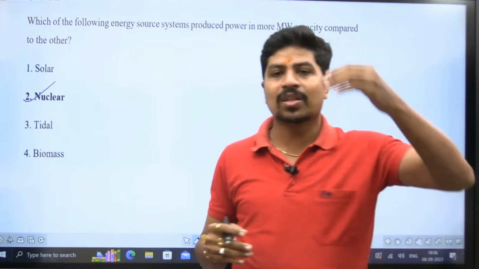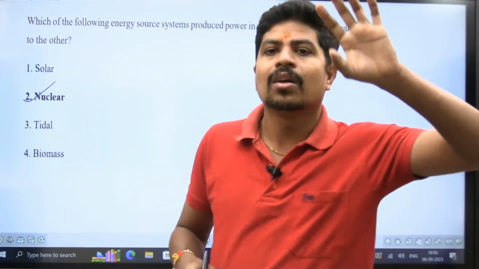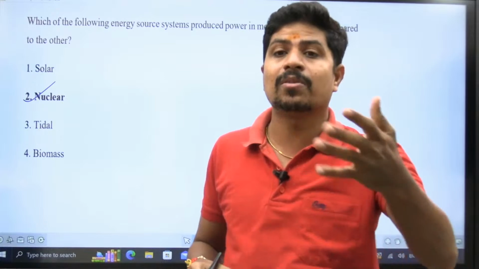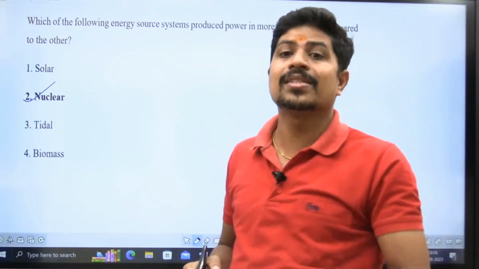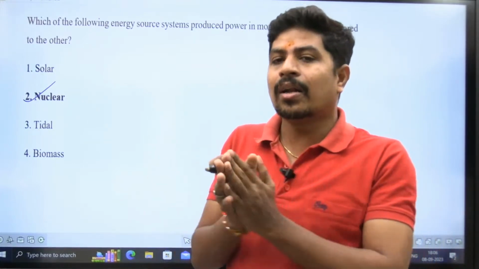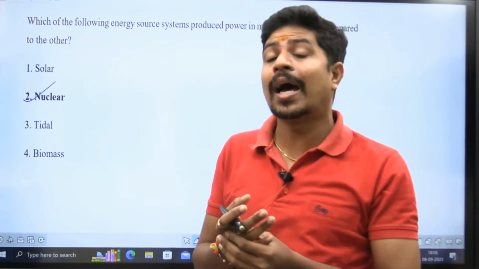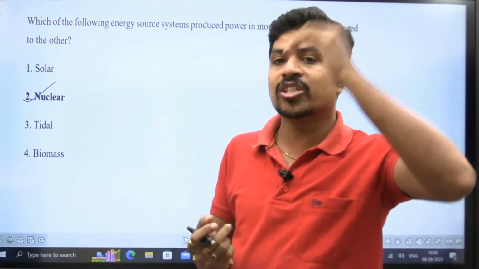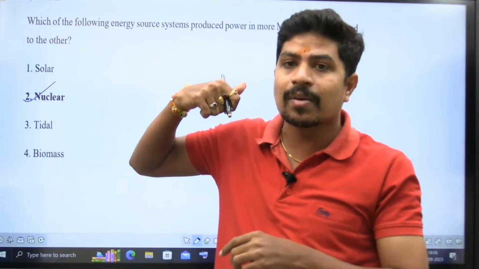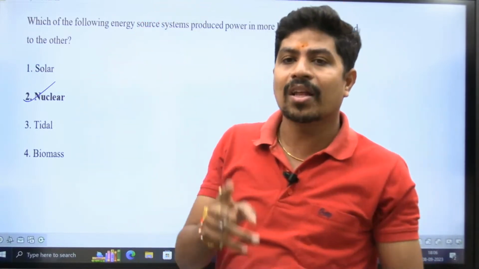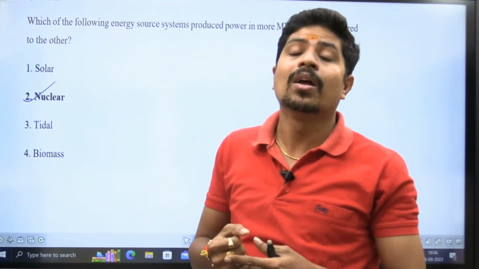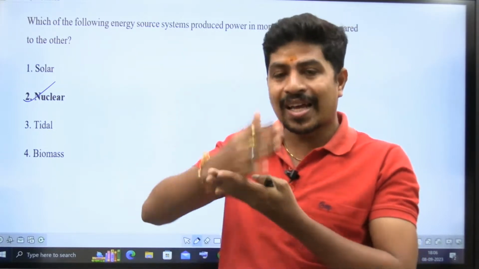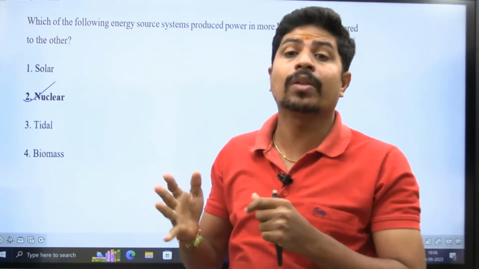In GATE, there are important areas like fault analysis, stability analysis and load flow studies, and generating stations are unimportant. But for this kind of examination, generating stations are very important. There are 2 to 3 questions in this paper from generating stations.